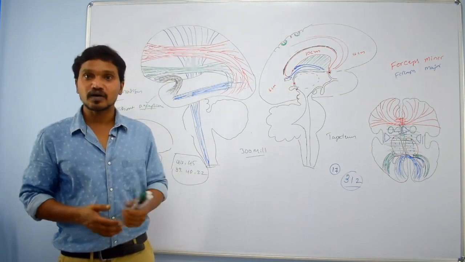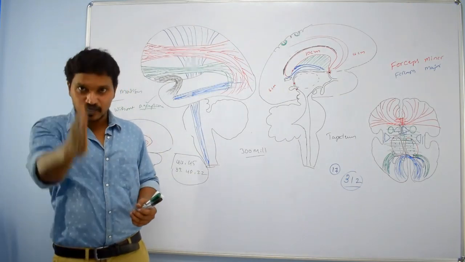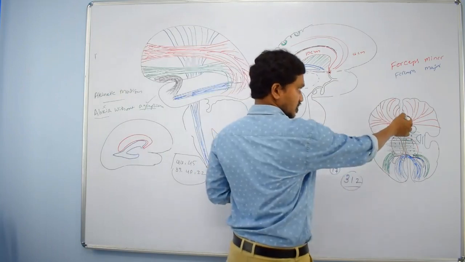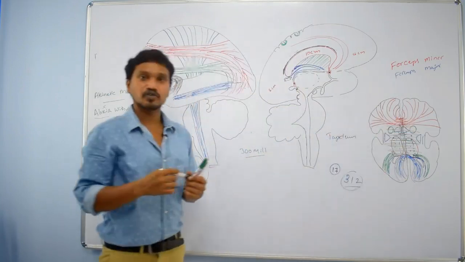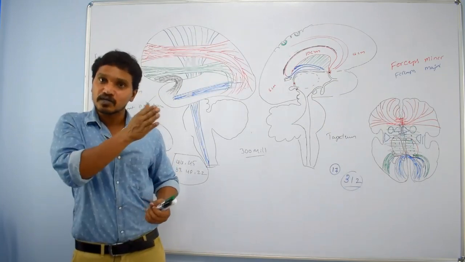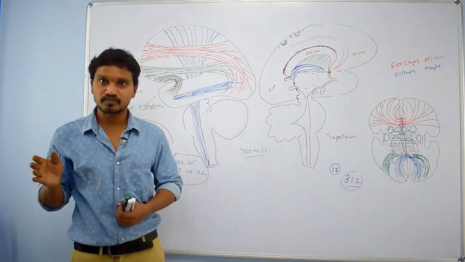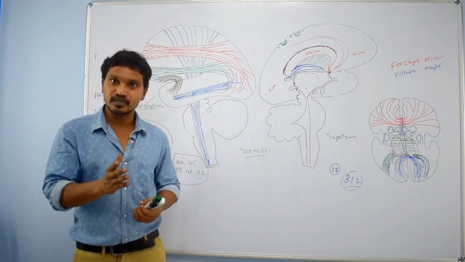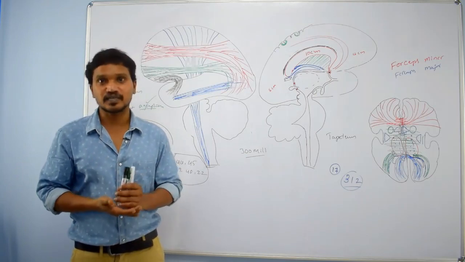And another one, if you make a section totally, along the whole corpus callosum, what are you doing? You are separating the two cerebral hemispheres, right? It may be surgical division or it may be congenital.